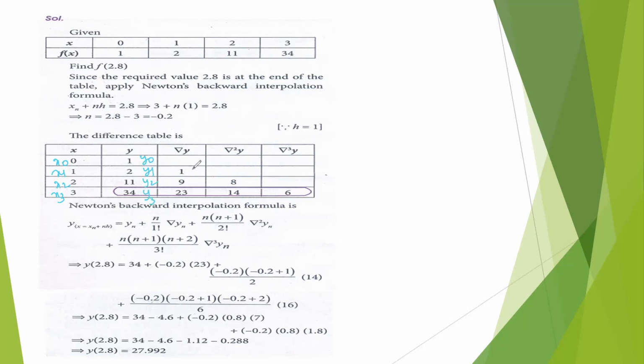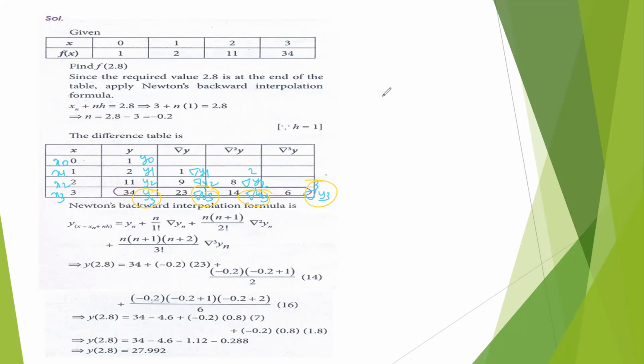Then nabla y1, nabla y2, nabla y3, nabla square y2, nabla square y3, and nabla cube y3. If you observe all the ending values of each column, y3, nabla y3, nabla square y3, and nabla cube y3, these are the required values to be substituted in Newton's backward interpolation formula.